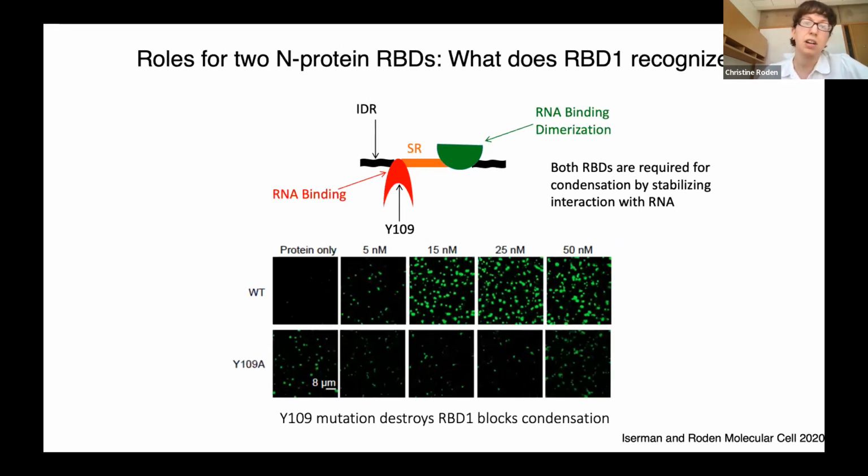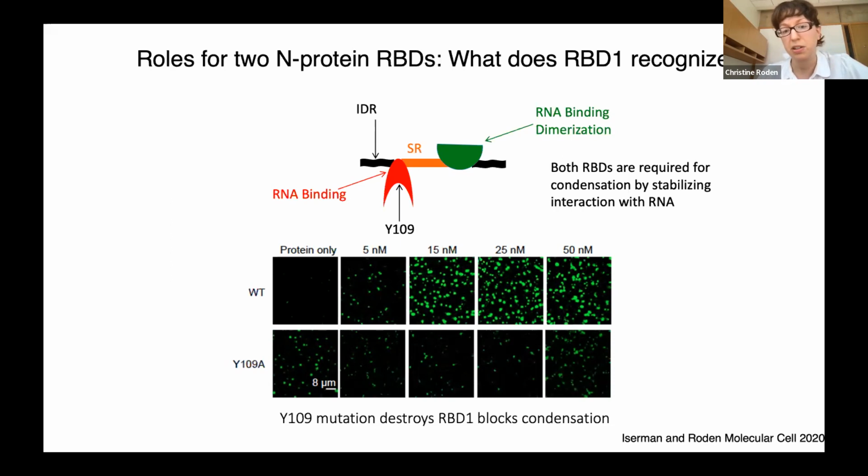Well, we know there's two roles for the two RNA binding domains of N protein. So we know that RNA binding domain 1 is very important for driving condensation because we have this mutation, the Y109A mutation, which basically destroys RNA binding domain 1 affinity for RNA and completely blocks condensation of protein with purified viral RNA fragments.